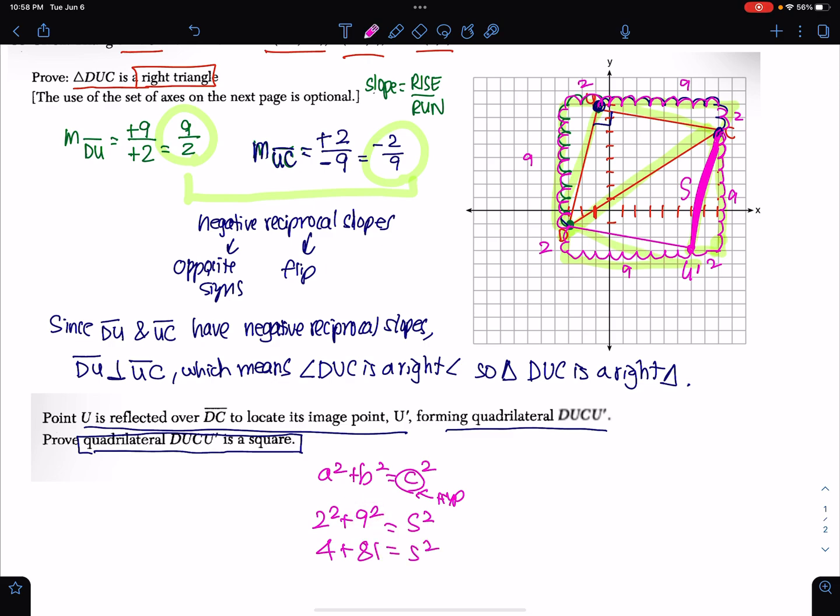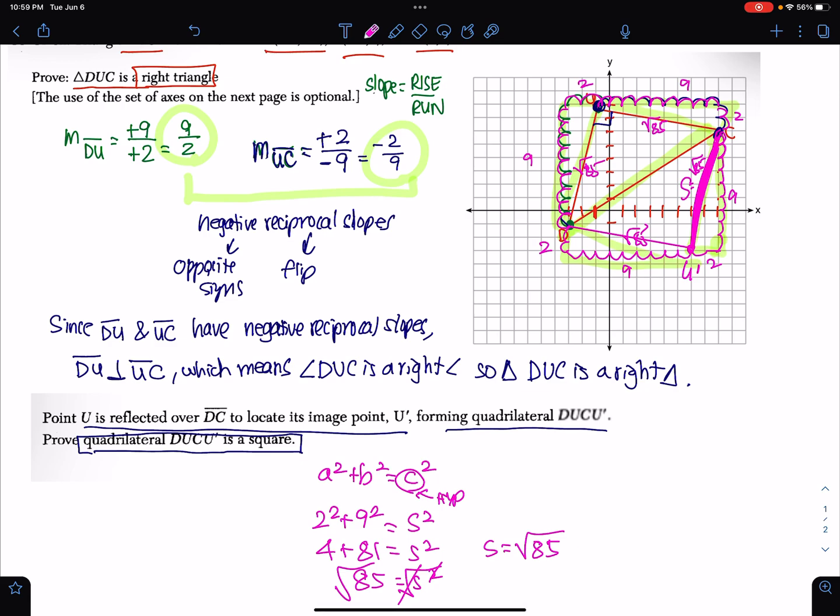And then we're going to combine like terms. 4 plus 81 is 85. And the opposite of a square is square root. What you do on the right, you do to the left. So the square and square root cancel. So the sides of the square are each square root of 85.